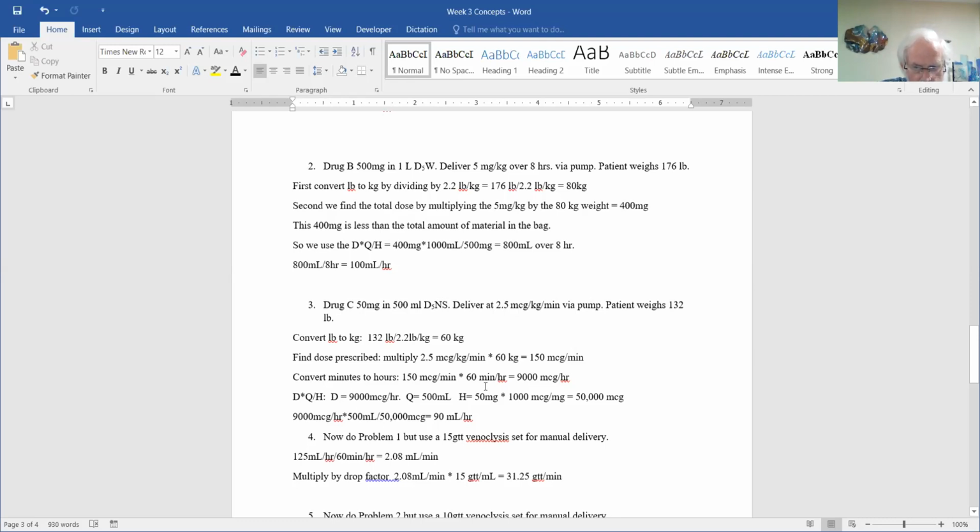So we have to convert the milligrams to micrograms. So now we have another big number, 50,000, but again, we don't care. Our calculator doesn't care. So we simply set this up. We calculate 9,000 micrograms per hour divided by 50,000 micrograms times 500 milliliters. 90 milliliters per hour. Okay.